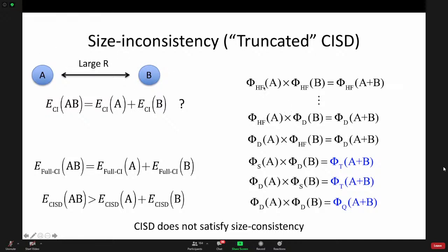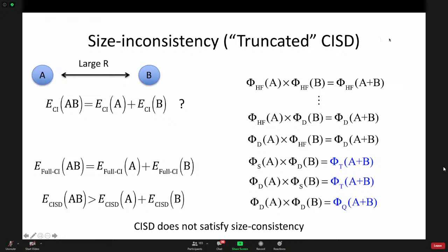You can consider up to singles and doubles here and singles and doubles here, but you can also consider up to singles and doubles here. However, to describe these, you need a triple excitation. And to describe this, you need a quadruple excitation in the full system. That is the reason why if you truncate it up to doubles, you can't describe this. So that's why it won't be equal here.